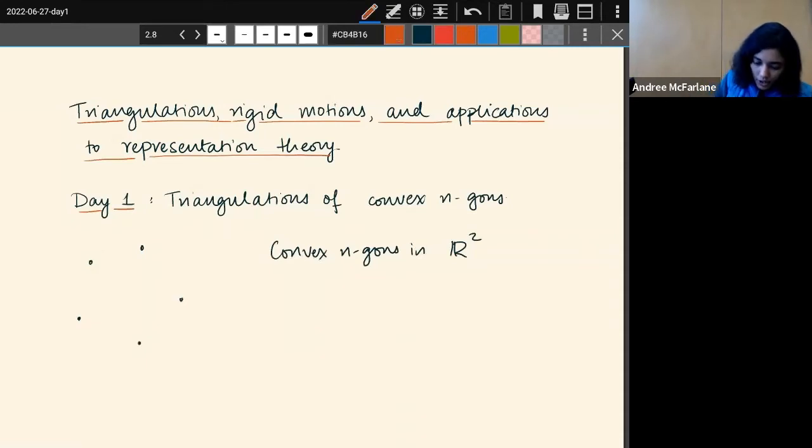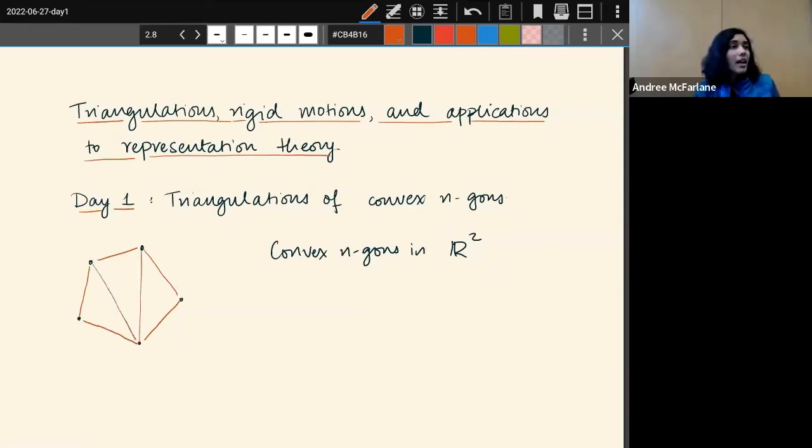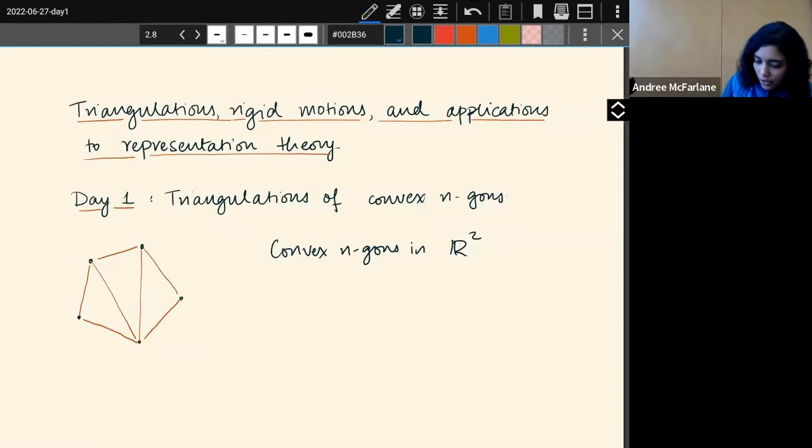And what's a triangulation? Well, it's something like this. I'm supposed to draw straight line edges joining pairs of points, and I keep drawing them until I have a maximal collection that doesn't cross itself.